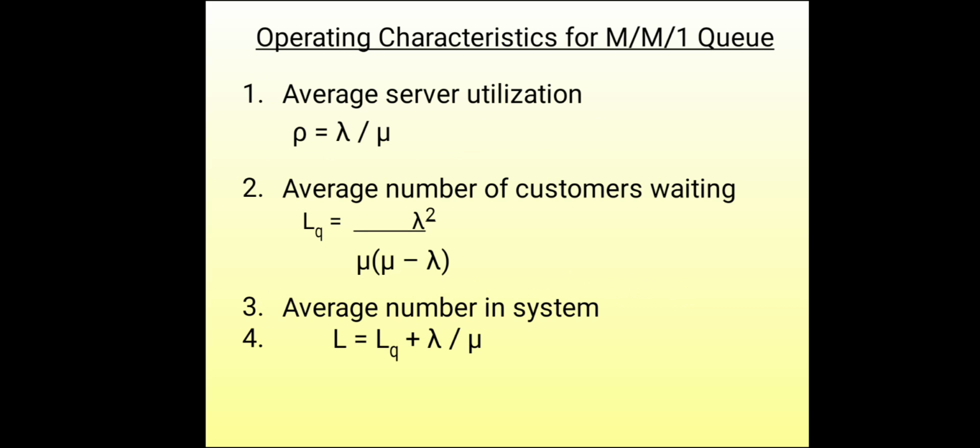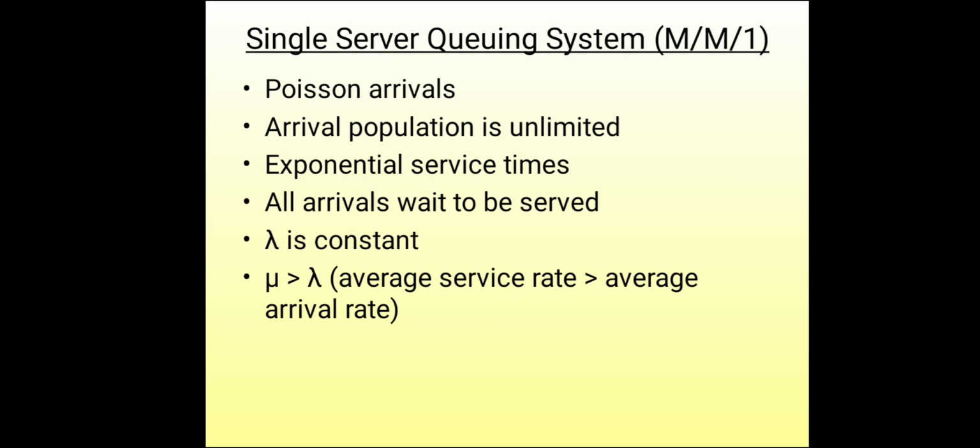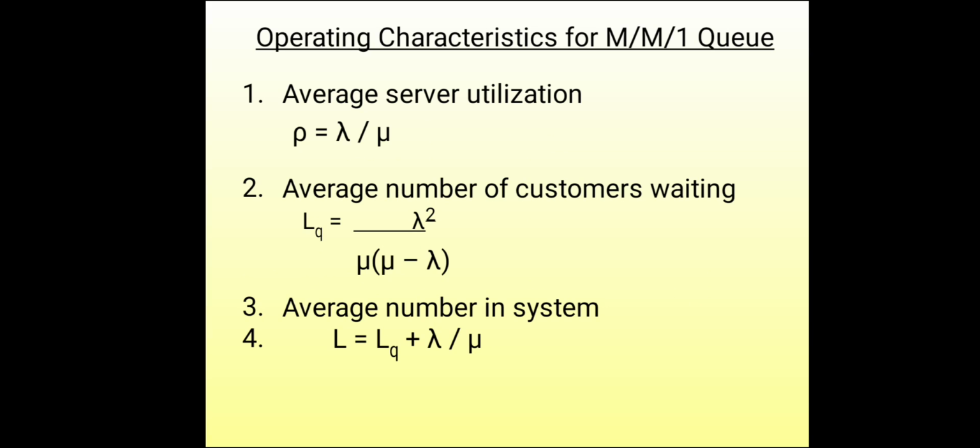Then the average number of customers waiting, Lq, equals lambda squared divided by mu times (mu minus lambda), that is lambda square divided by mu into (mu minus lambda).